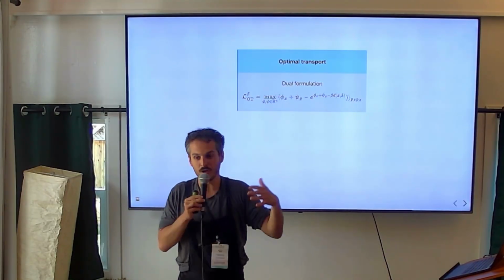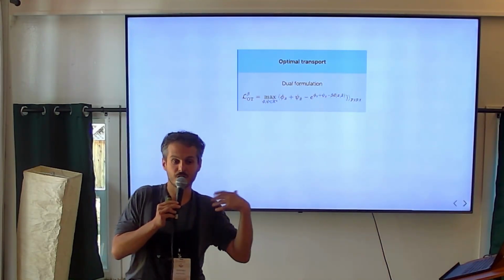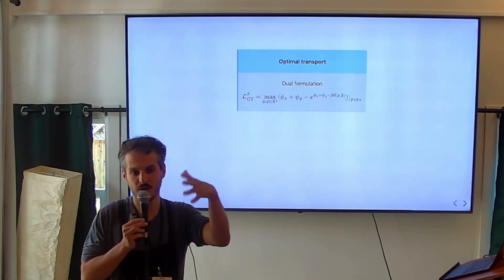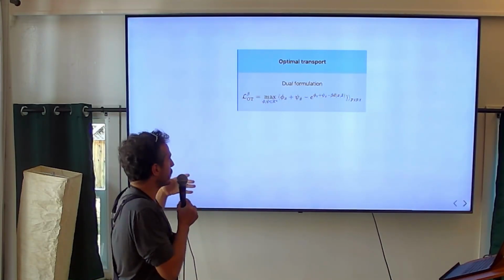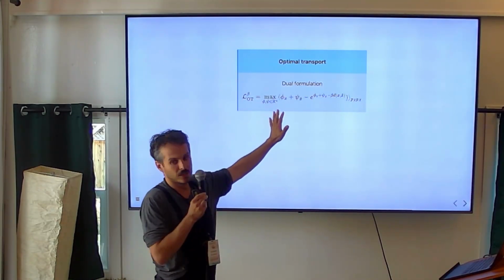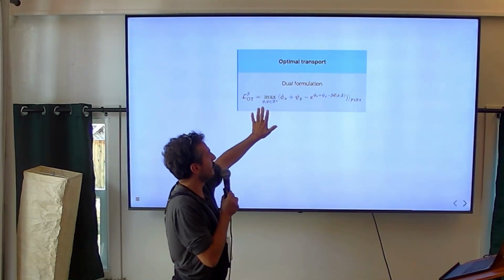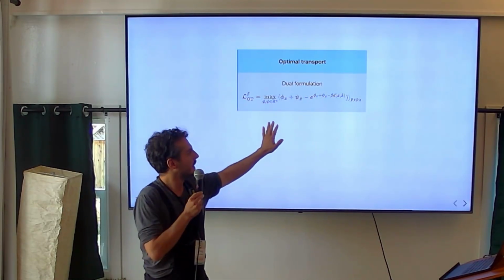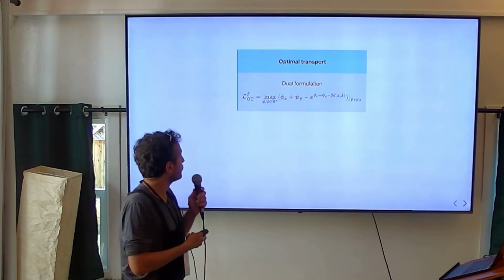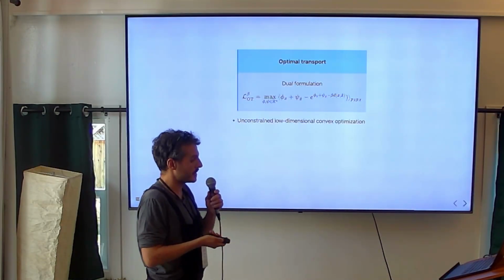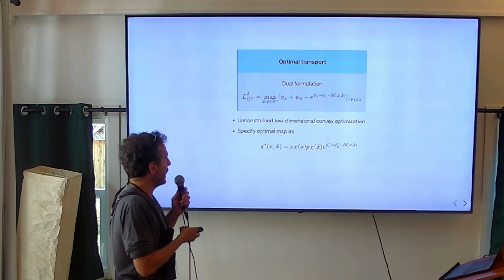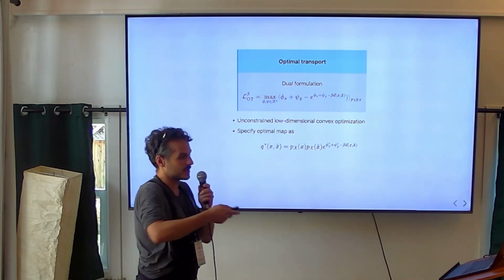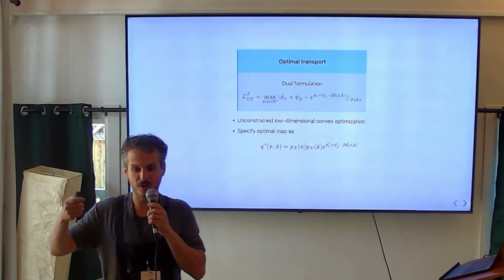So we've turned a high-dimensional constrained optimization problem over joint distributions into a lower-dimensional unconstrained maximization problem over these potentials. And I'll talk about what these potentials mean.